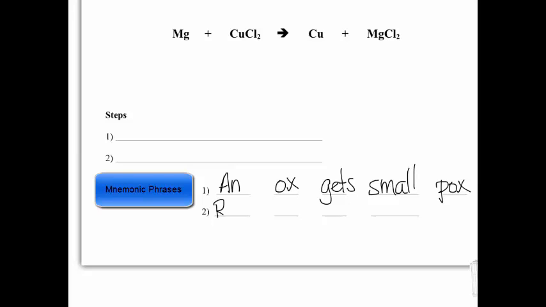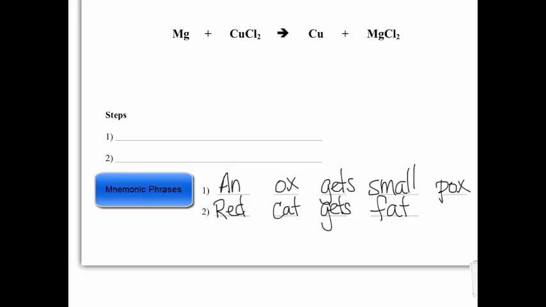And then Red Cat gets fat. And what this means is that the anode is where oxidation occurs, and that particular electrode will get smaller. Reduction occurs at the cathode, and that electrode is going to get bigger, or fat.